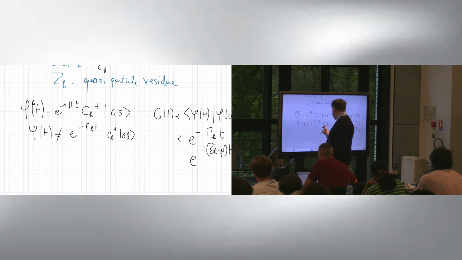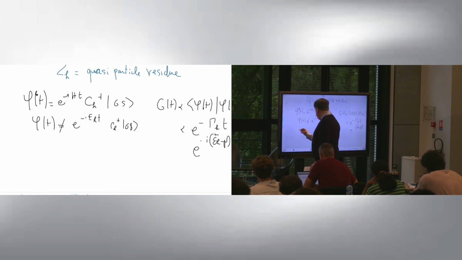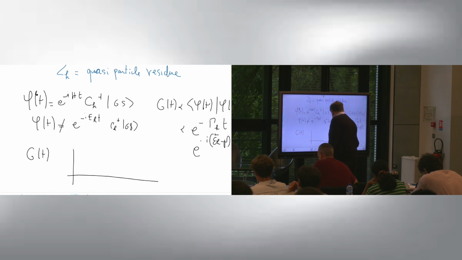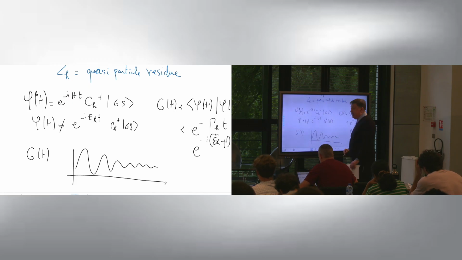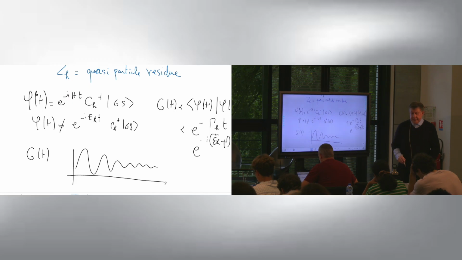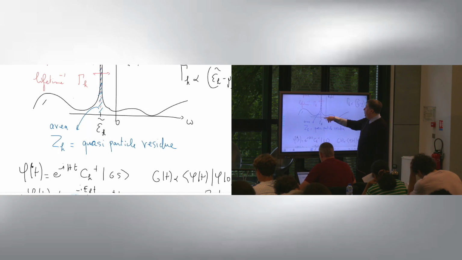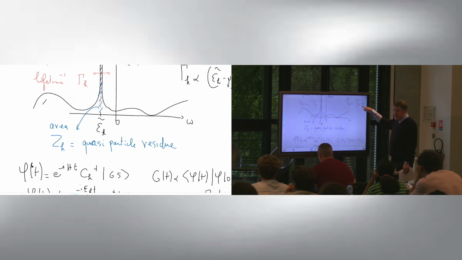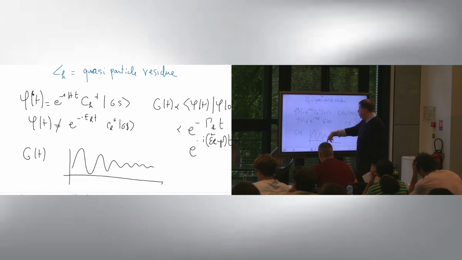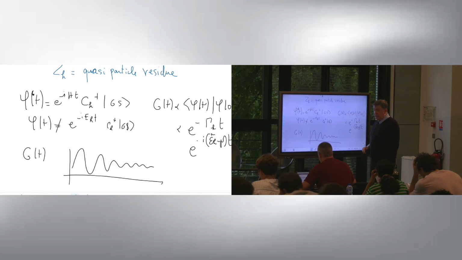So if you look at this Green function, you will see that the Green function looks in time like something that oscillates and then decays, right? And the closer you get to the Fermi surface, the smaller gamma is, so the longer the lifetime is, and the more oscillations you're going to see.